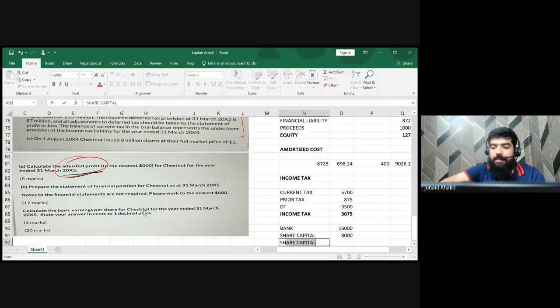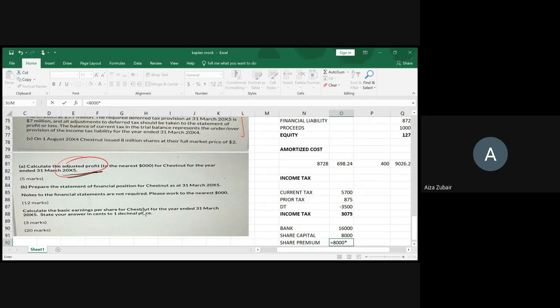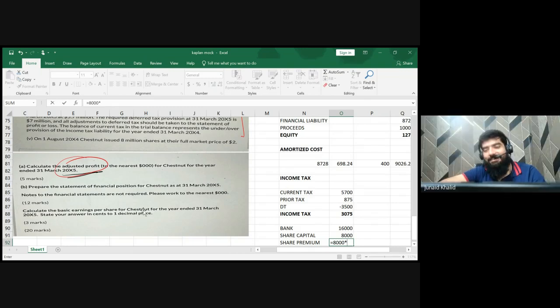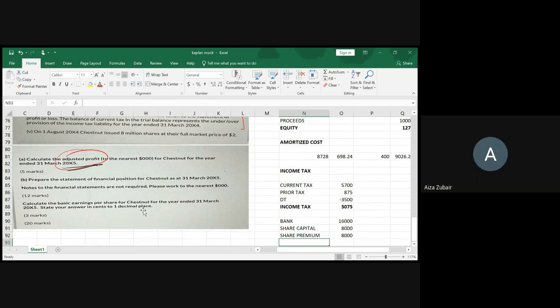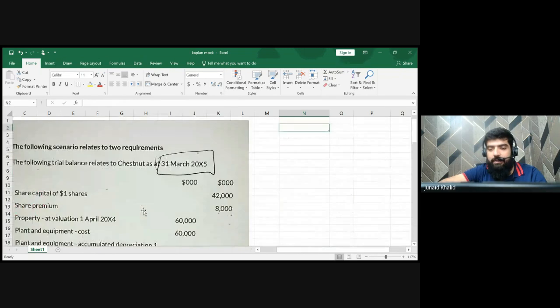And now the remaining amount would be share premium. So how will it be calculated? 8,000 multiplied by the difference between 2 and 1, that is 1. Nice, very good. So are you getting it? Yeah. So we are done with all the adjustments.